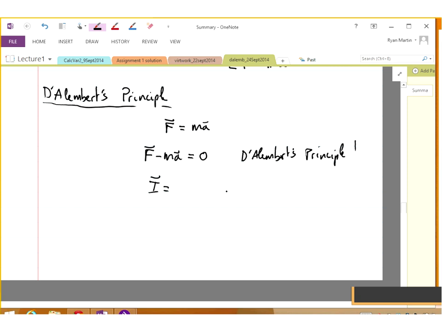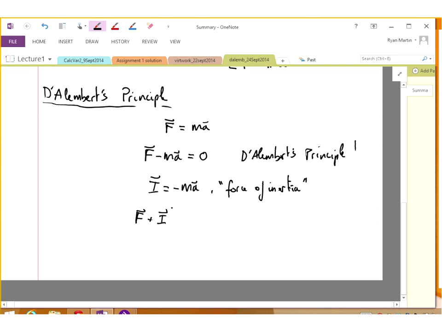I'm going to call that a force of inertia. So D'Alembert's principle really says that the applied force F plus this force of inertia, which has the correct dimensions to be called force, is equal to 0.